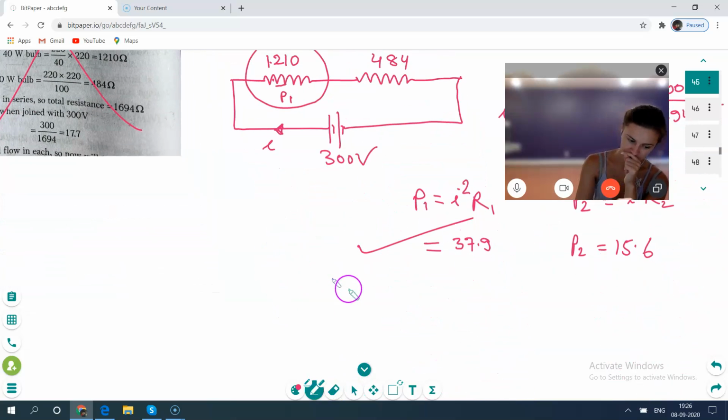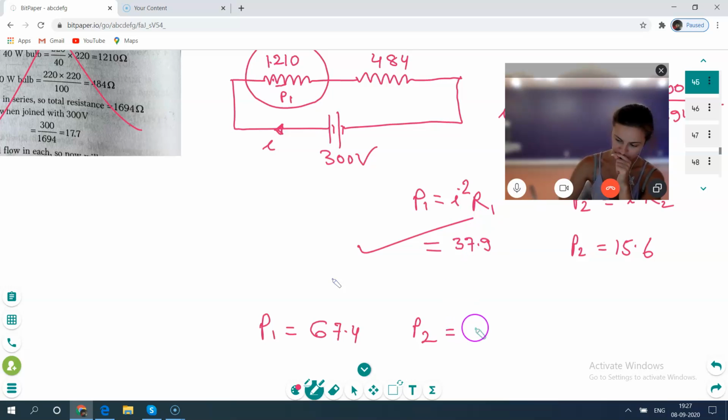So P1 is equal to 1210 times the current squared, which is 67.4, and P2 is equal to 26.95.